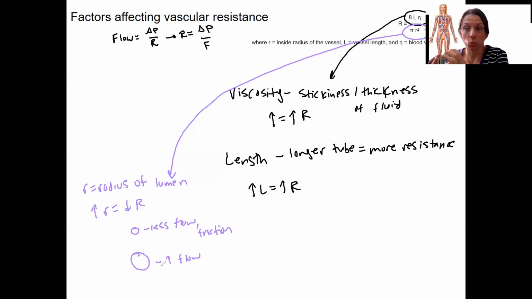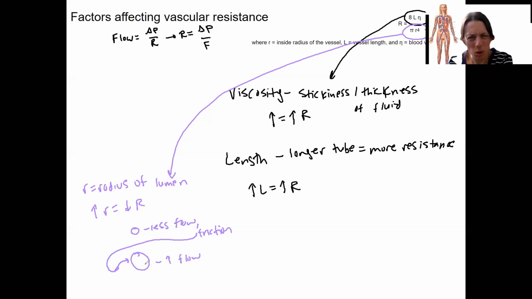Think of a channel like a river: as you get smaller and smaller streams and rivers, you have more resistance in those streams. A big single channel of water can have very quick flow due to having less resistance. In the case of the river, the resistance is the sides of the river, the rocks, the bottom of the river. In our blood vessel, it's the sides of the vessel. So there is friction all along the sides of the vessel where the fluid is passing through.